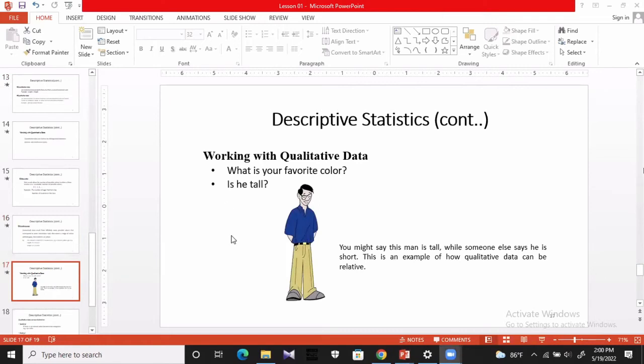Okay, one of you answered: we can convert our qualitative data into quantitative. Yes. What about others? Yes or no? What do you think?